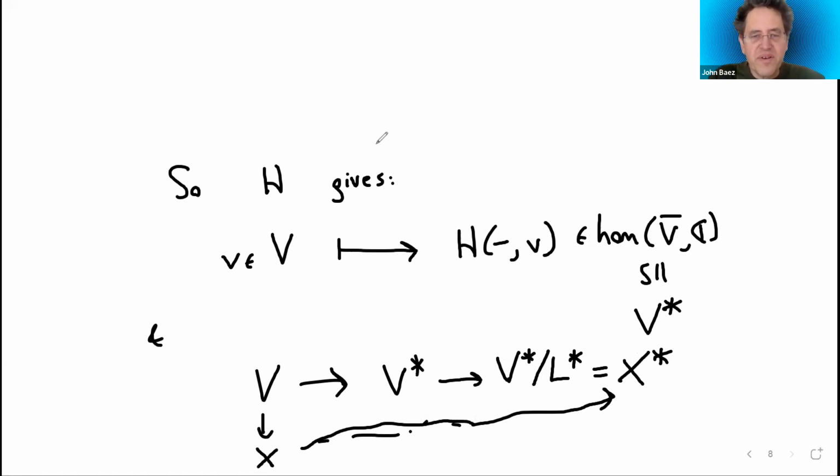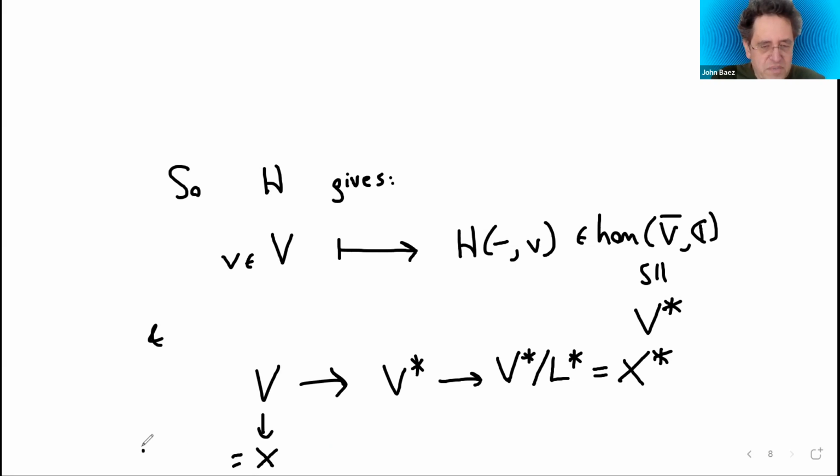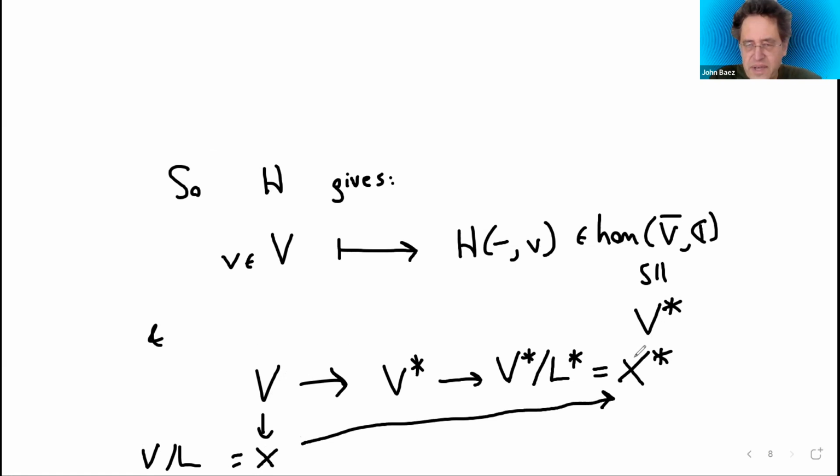It's some abelian group, I guess some other isomorphism theorem. Sorry, let me try to draw that a little better. So X, remember, was the vector space modulo the lattice. We're trying to get this map from V to X dual to actually factor through X, the vector space mod the lattice. So we need guys in the lattice here to get sent to the identity here.